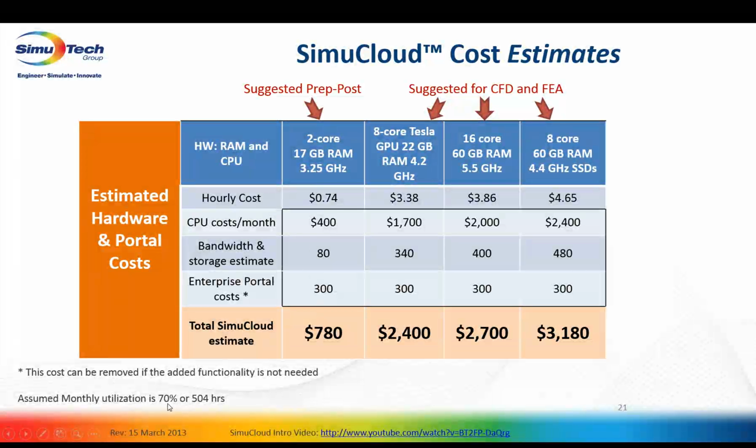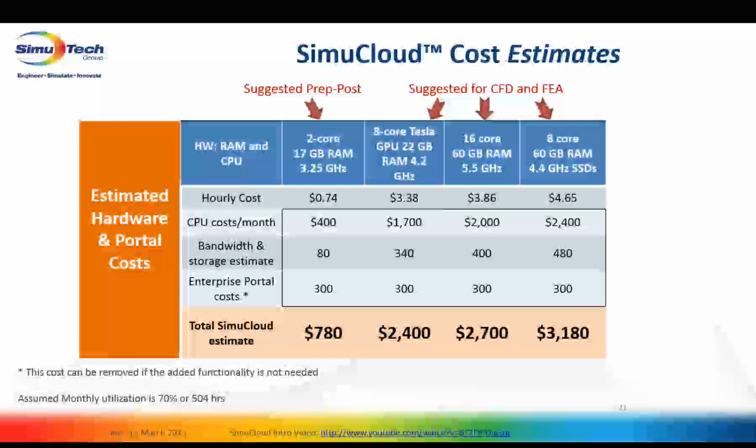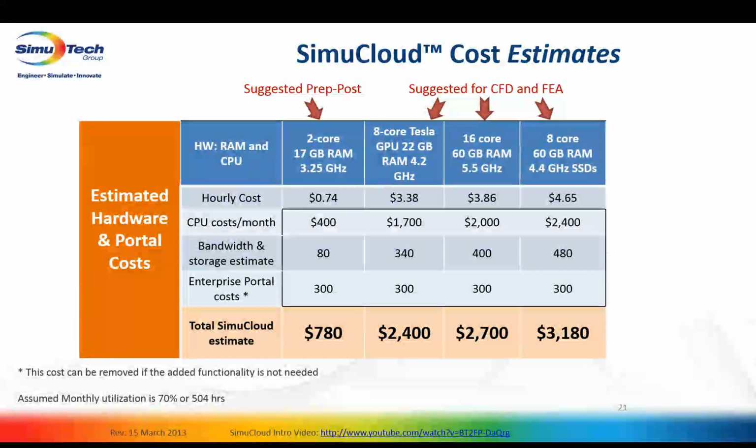This all assumes 70% utilization, which is 500 hours a month. We don't see many clients pushing that much. Usually they burst for a day or two, then it trickles for 30 minutes or an hour a day, and then bursts for 2 days, and so maybe more like 30 to 60% utilization would be better.